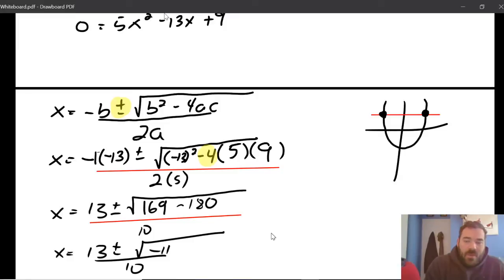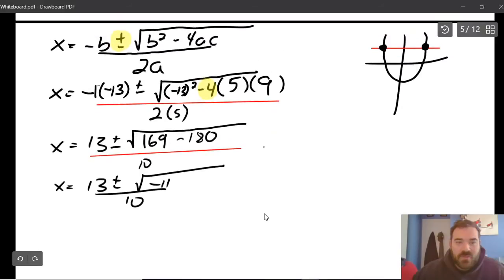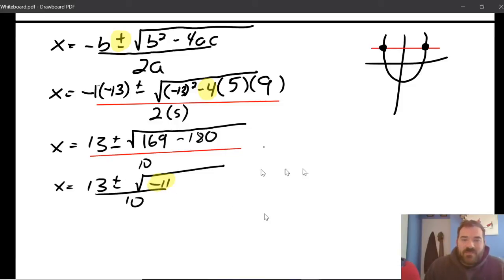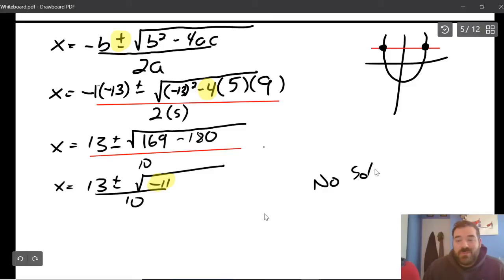And I have a bit of a problem here in that I can't take the square root of a negative number. I can't possibly take the square root of a negative 11. There's no solution for that, so I can't go any further. And what this is really saying is, if I can't take the square root of a negative number, then there are probably no solutions to our problem.